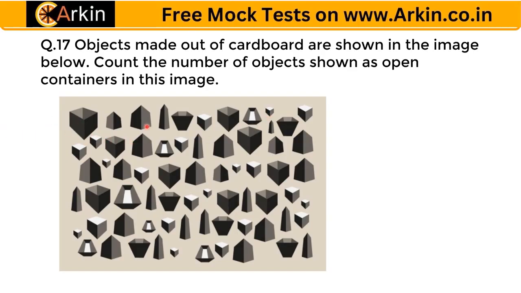So again we'll go line by line, one by one from one side. Like here this is 1, then this is 2, second one. These are all closed. This is 1. We can see that these are the open containers.